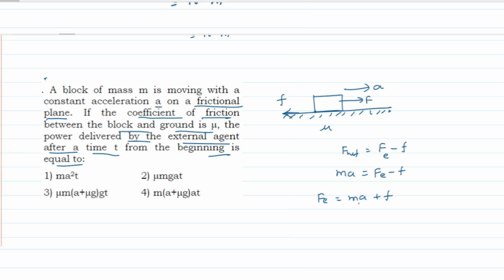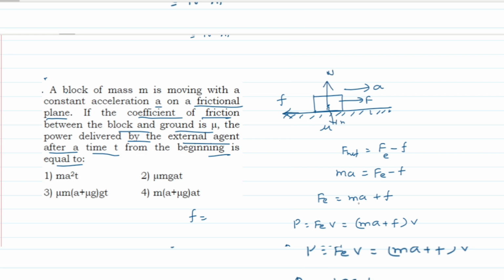Now you will be getting the force value, but they are asking the power delivered by the external agent. The power formula will be the force by the external agent into velocity. Here Fe we already got as Ma plus F, into velocity V. So P equals Ma plus F, where the frictional force is mu into N. N is the normal reaction, which balances the weight of the body, mg.